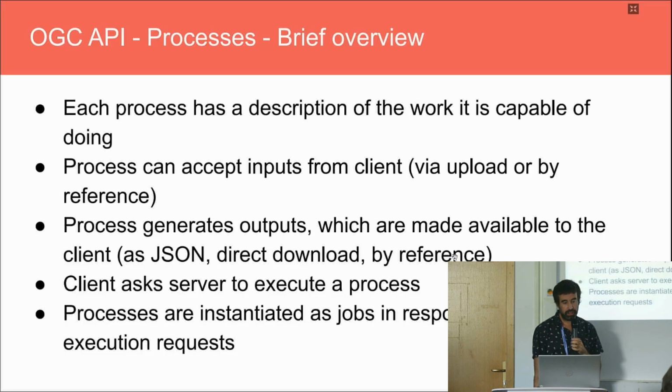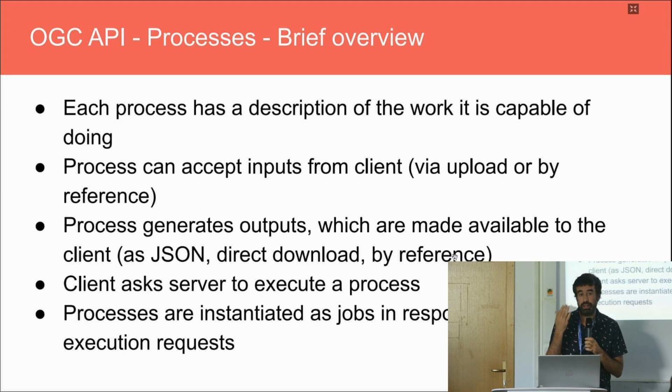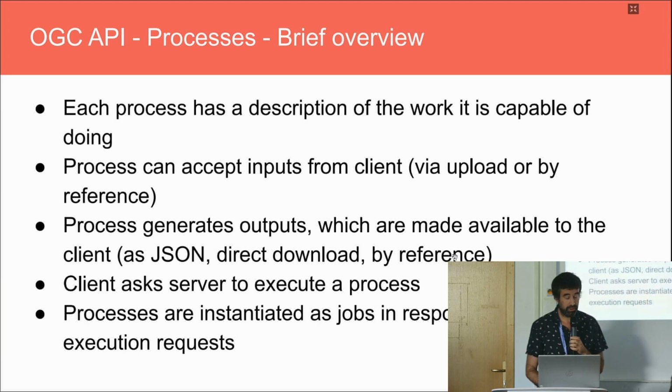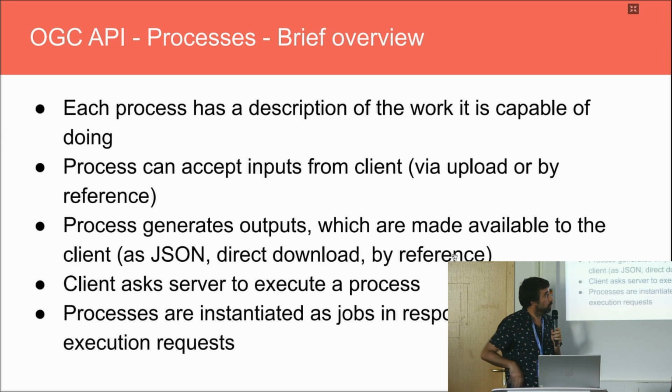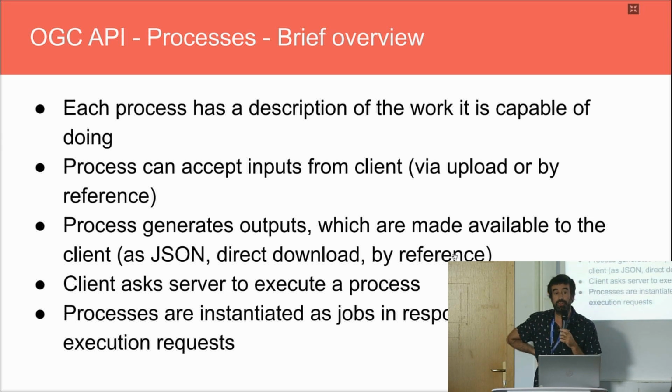In OGC API Processes, as I was saying, we have the concept of a process, which is just some workload that you are offering to a client to do, taking an input and producing an output. Both inputs and outputs can be specified in a number of different ways, by direct upload or by reference.